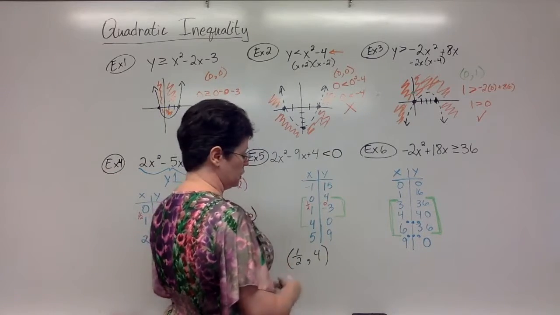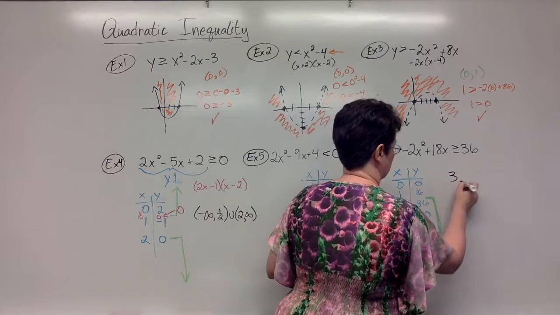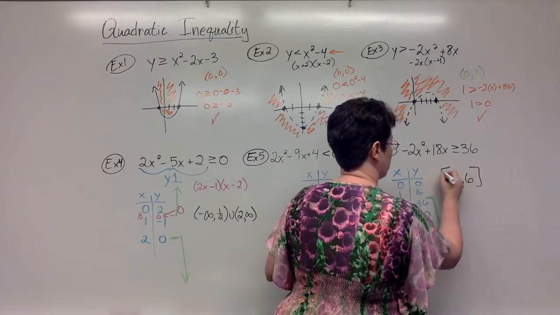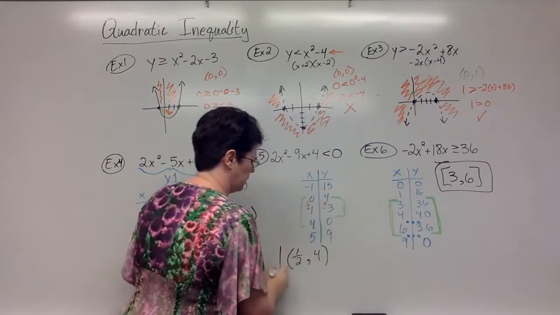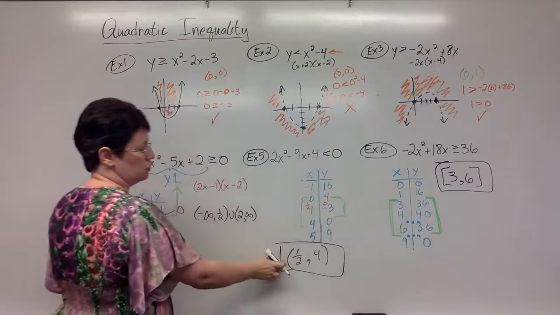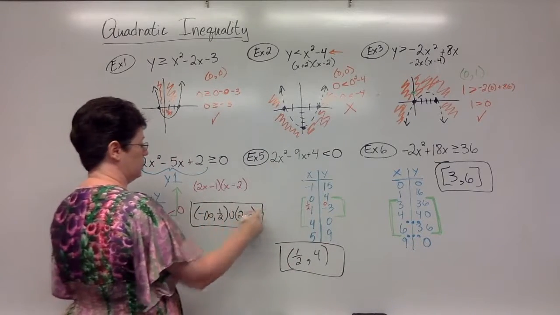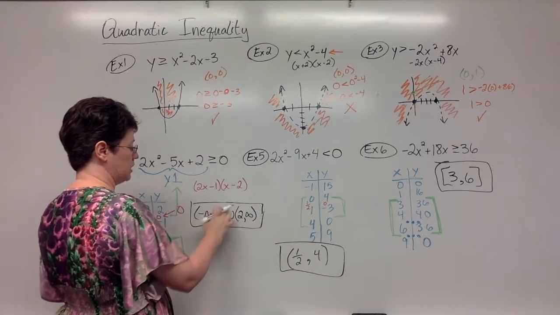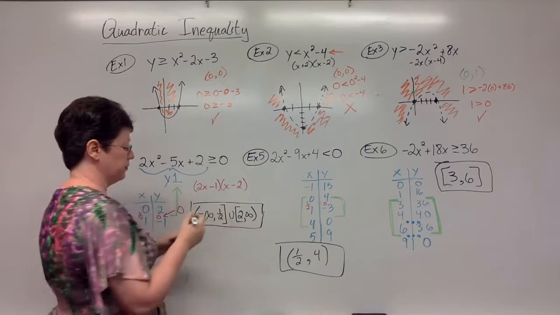So my solution, my answer, would be from 3 to 6 with square brackets because it's equal to. If we don't have the equal to, we use parentheses. If we have the equal to, we use the brackets, which means I should have used brackets on example 4.